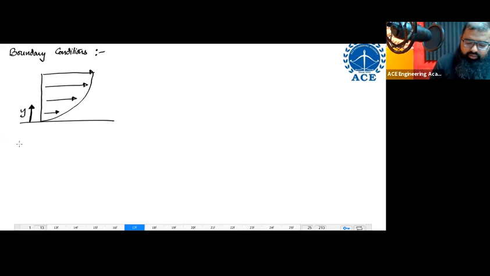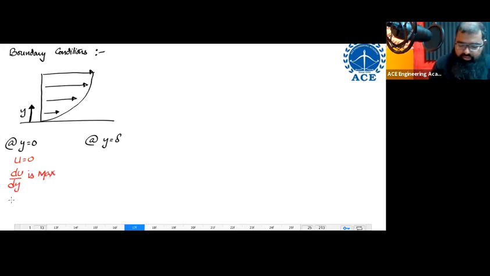At y equal to 0 and at y equal to delta, we have to see. At y equal to 0, u is equal to 0, du/dy is maximum, and d2u/dy2 has to be equal to 0. Since du/dy is maximum, d2u/dy2 has to be equal to 0; its differential has to be equal to 0.